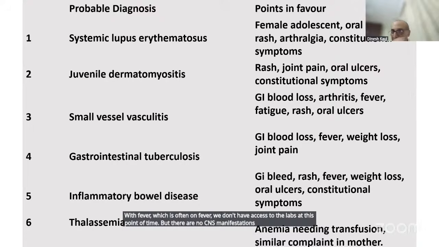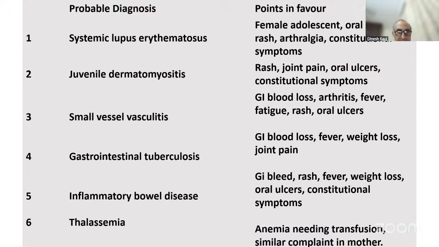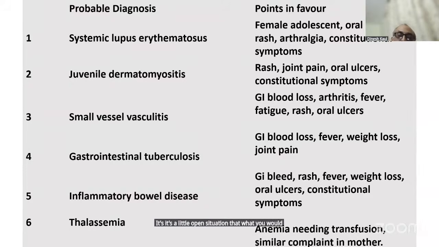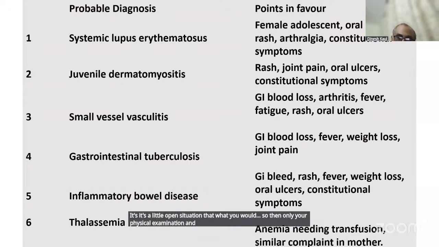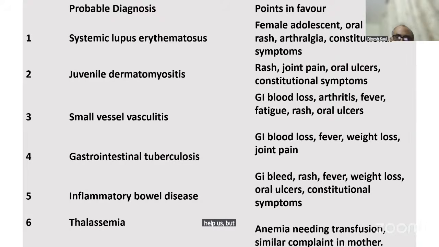You don't have a typical butterfly rash, malar rash, and you don't have any evidence of nephritis. So it's a little open situation. Only your physical examination and some investigations will definitely help us. But TB still remains very important, all said and done.